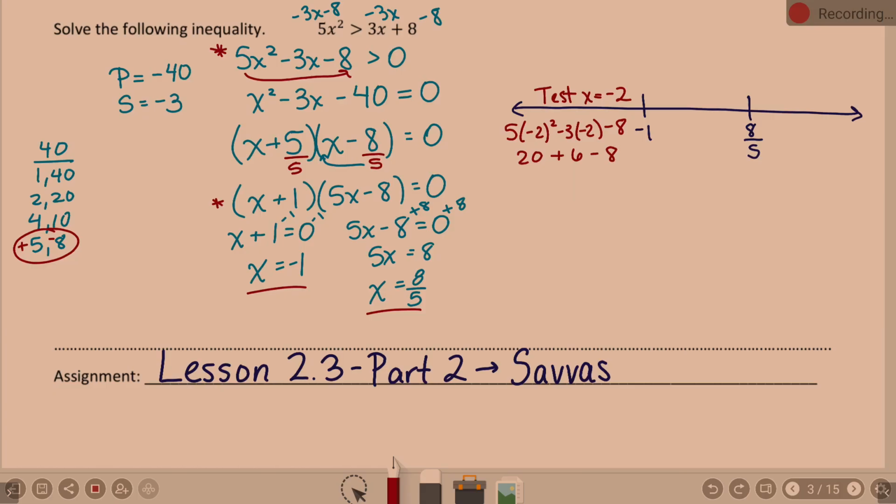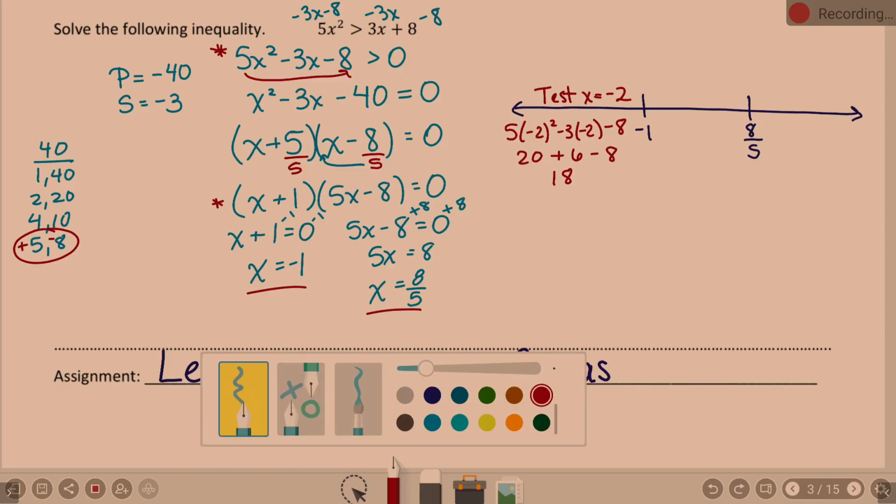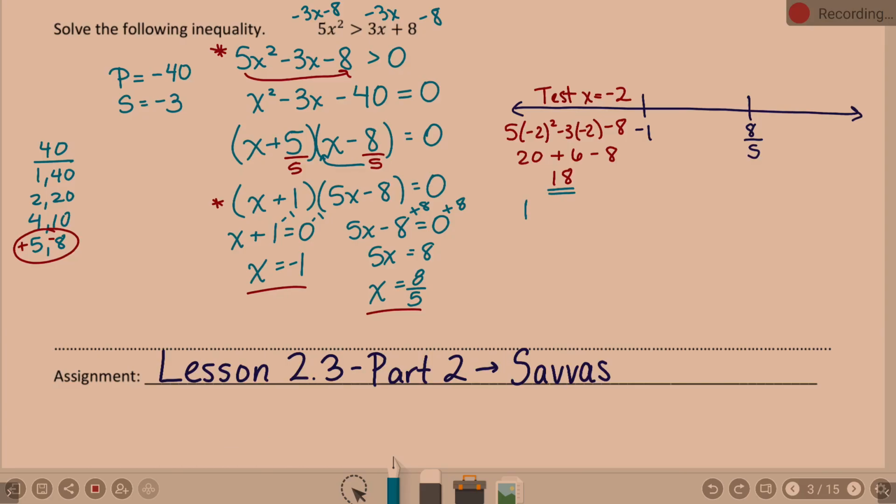Again, I can look at that and use number sense and know where we're going with this. But 20 plus 6 minus 8, 18. And what do we know about 18? 18 is positive.